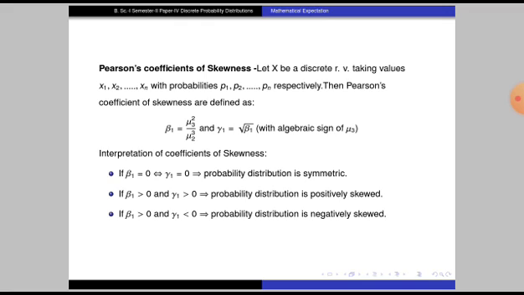So when we want to differentiate between symmetric and asymmetric distributions, or among asymmetric distributions, we use coefficients of skewness.